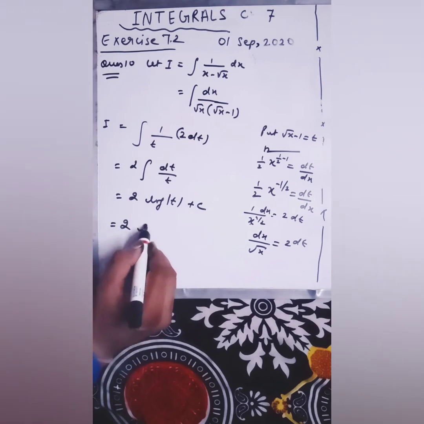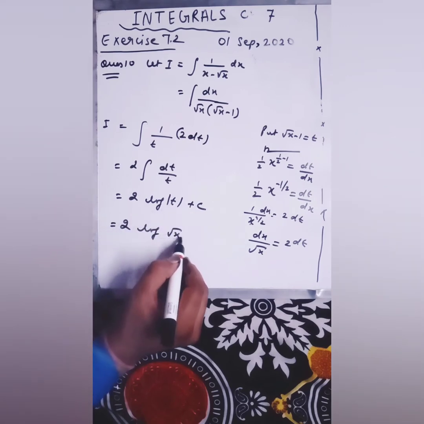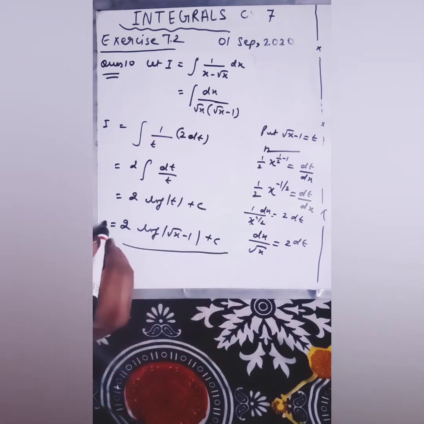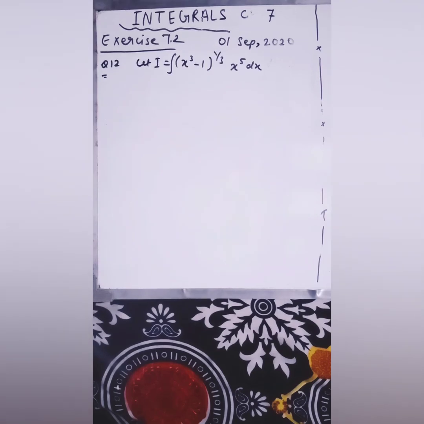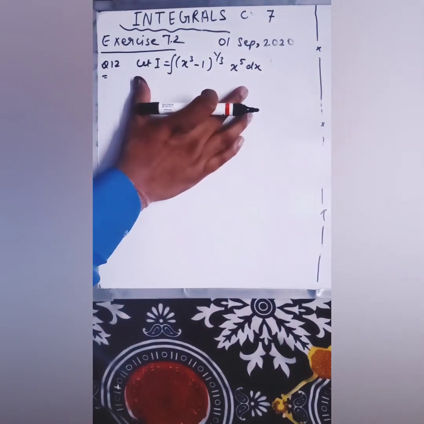So 2 log t, where t is root x minus 1, plus c. So this is the required integral of your question number 10. Got it? Question number 11 is just a very simple question, and this is also your homework. I'm solving question number 12.